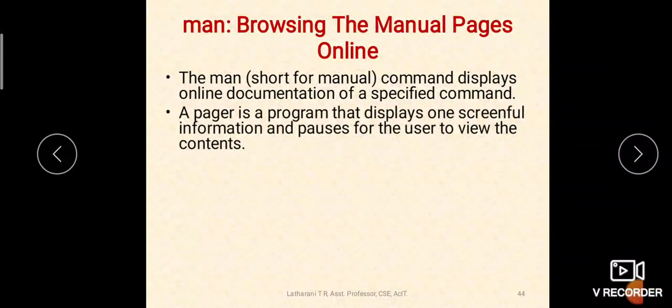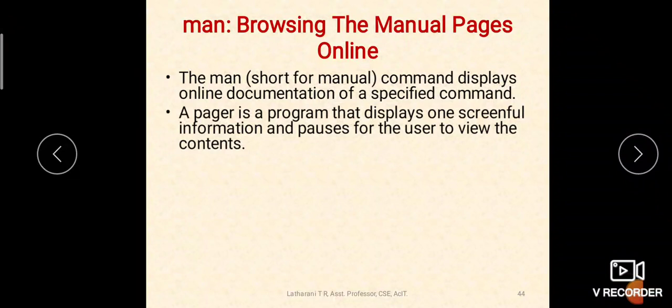A pager is a program that displays one screenful of information and pauses for the user to view the contents. Yesterday we saw ls pipelined with more, or cal pipelined with more. If the output of a command is more than the capacity of one screen, it overflows and goes to the next screen, maybe 2-3 screens it will scroll down, right.